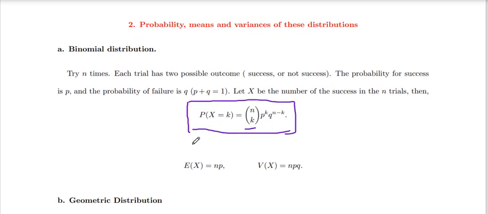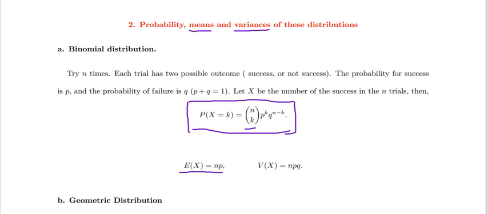For a distribution, we have things like mean and variance. The mean, also called expectation of X, means the average. Here the average is np. If we try one time, the good thing happens with probability p.